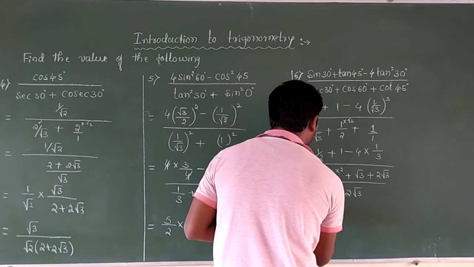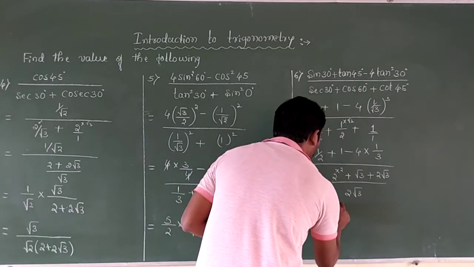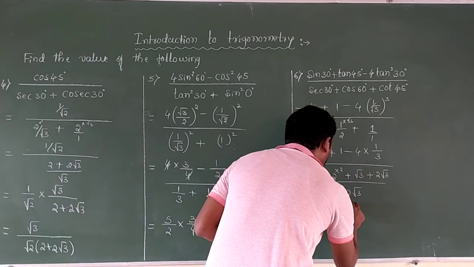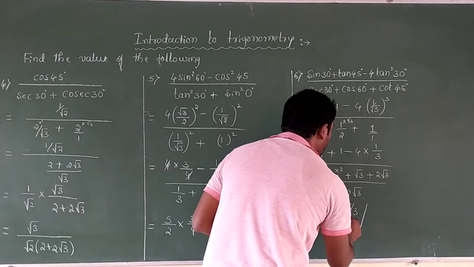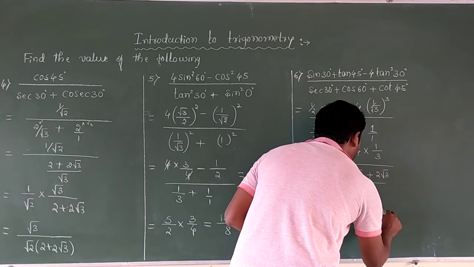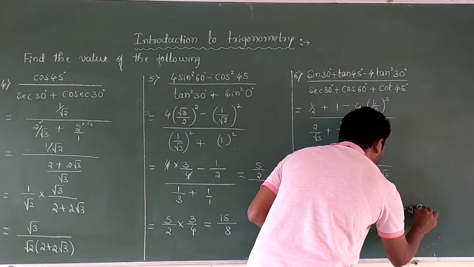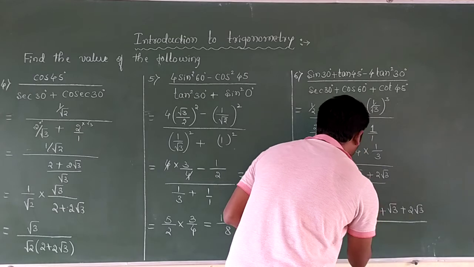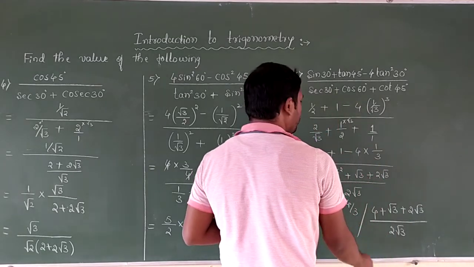So simplify this one again, children. This is equals to 1 by 2 plus 1 minus 4 by 3 whole divided by 4, 2 square is 4 plus root 3 plus 2 root 3 whole divided by 2 root 3. Simplify this one again.